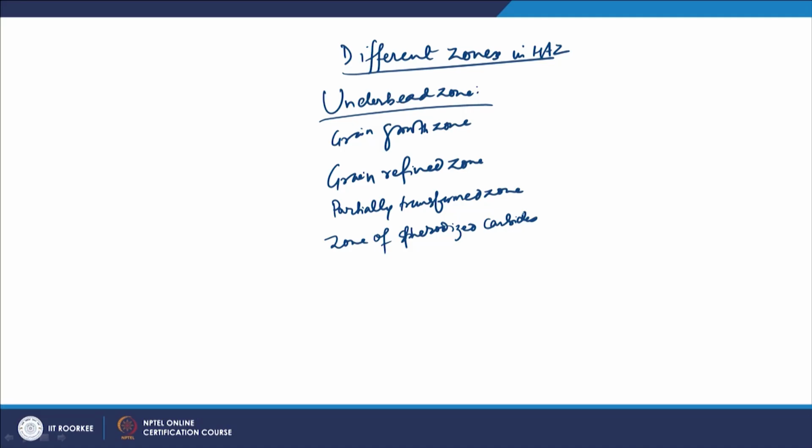In those cases this will affect the properties, and there will be other associated phenomena like segregation. So this is all about the heat affected zone in the case of fusion weldments. Thank you very much.